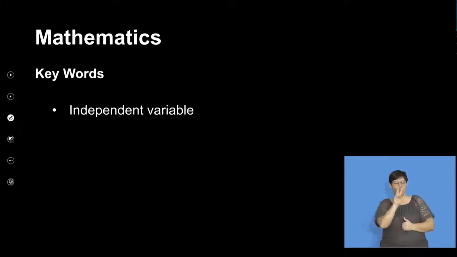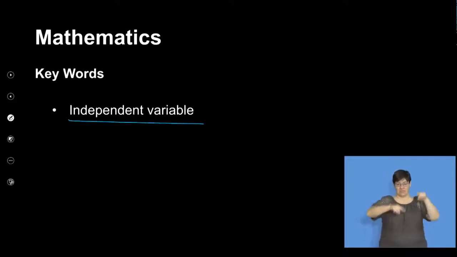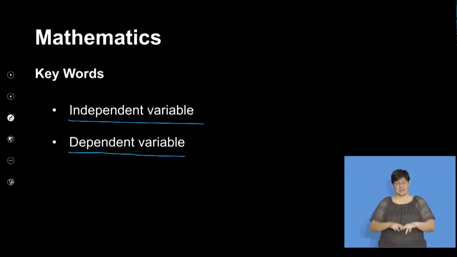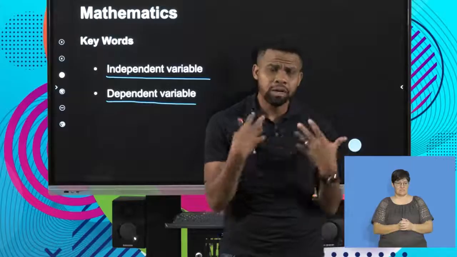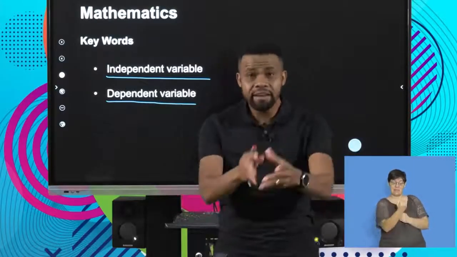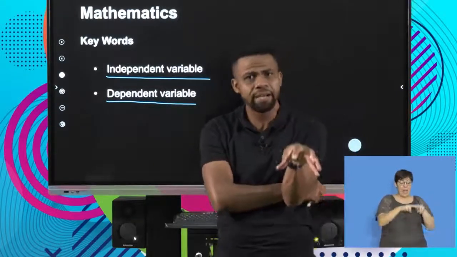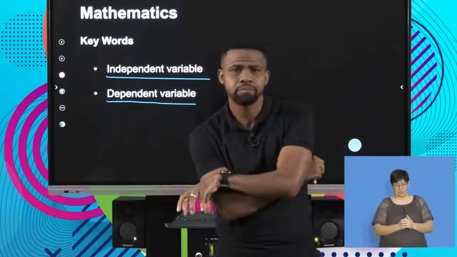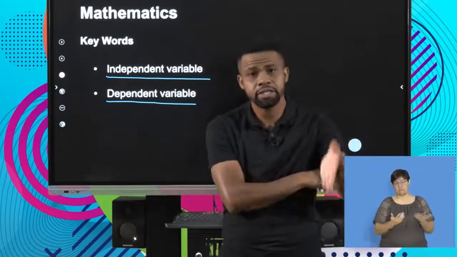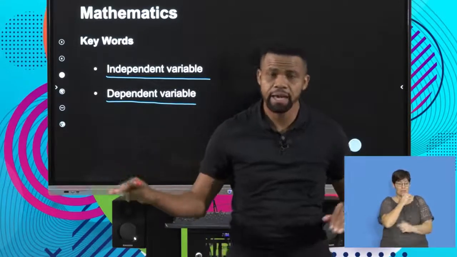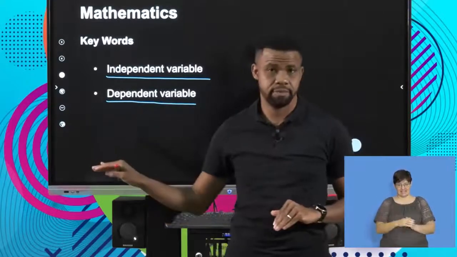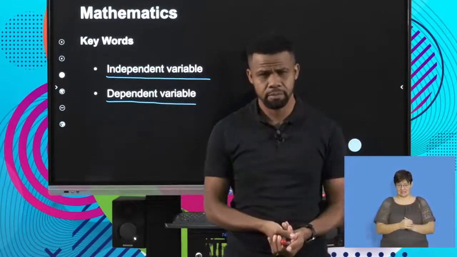Now let's look at an independent variable and dependent variable. The independent variable is a variable that does not depend on the other variable. If I look at the Cartesian plane, that will be my x-axis. That will be the independent variable.